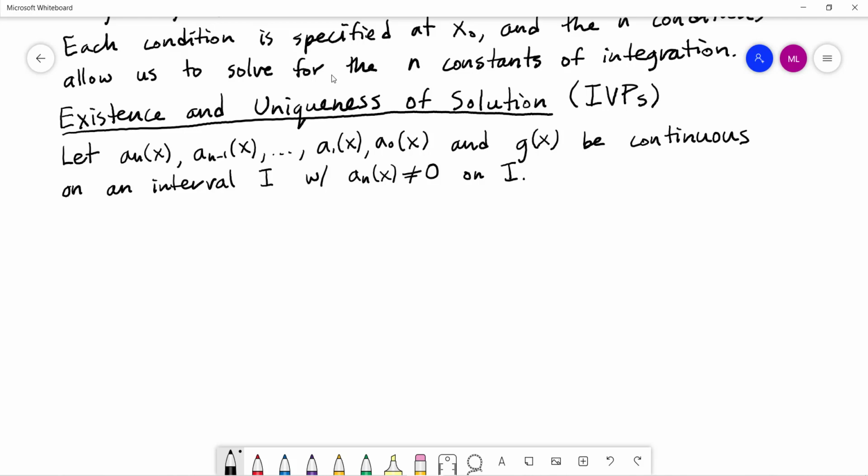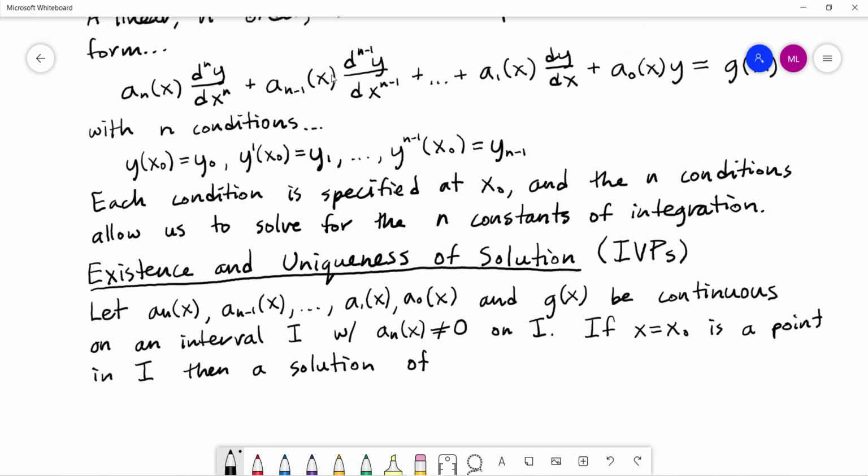Okay, if x equals x0 is a point that's somewhere in the interval I that we care about, then basically a solution is going to exist and it's going to be unique. So a solution of the equation up here, maybe it would be easier if I reference this.